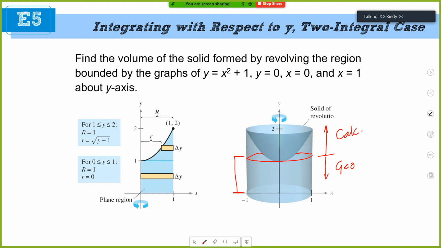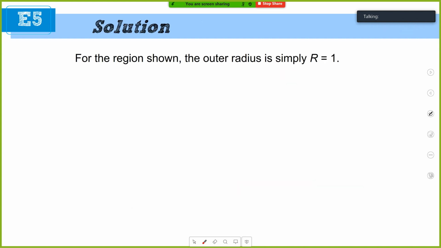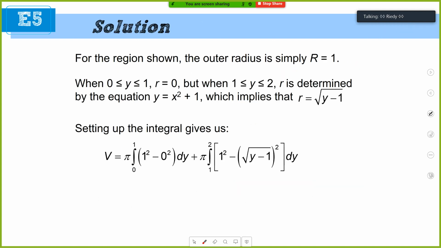This is also an example of a problem that you could use vertical rectangles for if you wanted to, because the function is fairly easy to use. Okay. So that big thing, I included the calculus here, but we don't need this because that's just geometry.